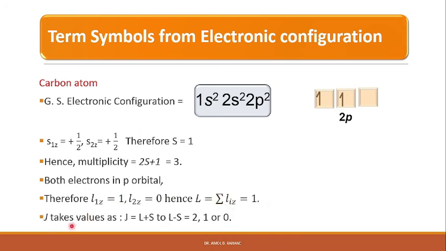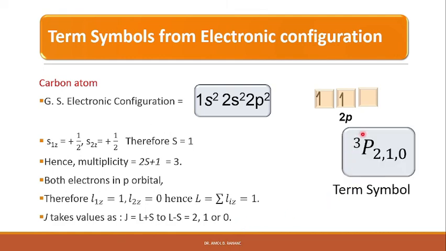So J takes values from L plus S to L minus S, that is 2, 1 and 0, and therefore we can write the term symbol as triplet P 2, 1, 0. So here we can see that we have three possible terms, that is triplet P2, triplet P1 and triplet P0.